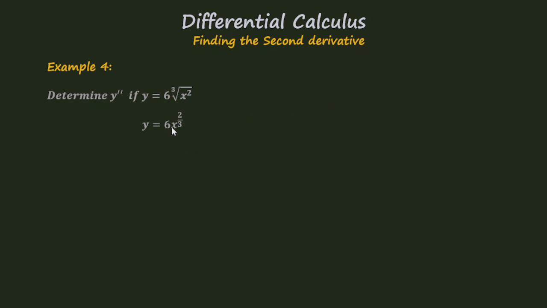This is the same as 6x to the exponent 2 over 3. Then we can apply the general rule for differentiation once to find y prime, and then differentiate y prime to get the second derivative, which gives us minus 4 over 3 x to the exponent minus 4 over 3.